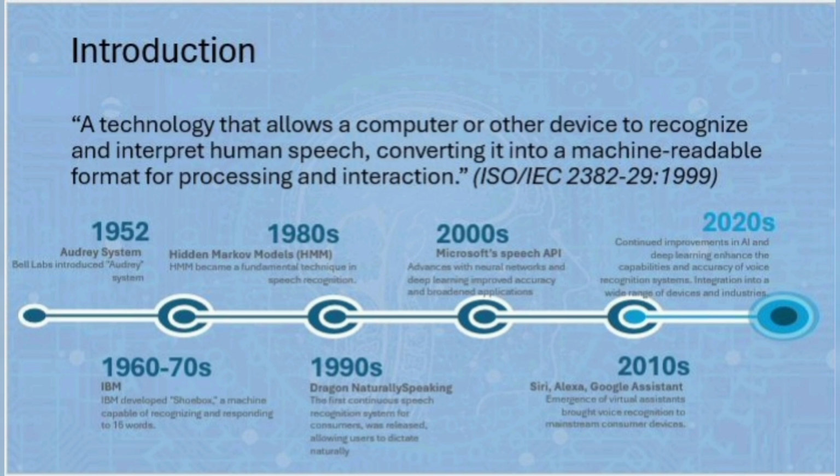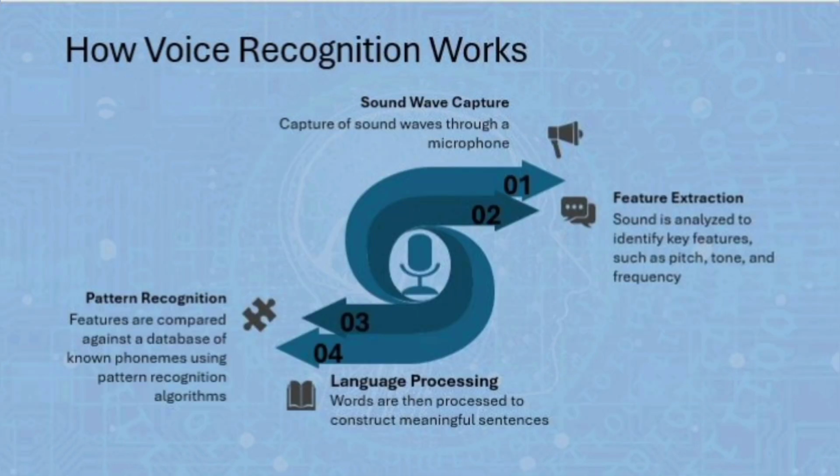And in the 2020s, we continue to see improvements in AI and deep learning, enhancing the capabilities and accuracy of voice recognition systems. These advancements lead to broader integration into a wide range of devices and industries. Now let's explore how the mechanics of voice recognition technology operate. We'll break down the process into fundamental components and explain each step in detail.